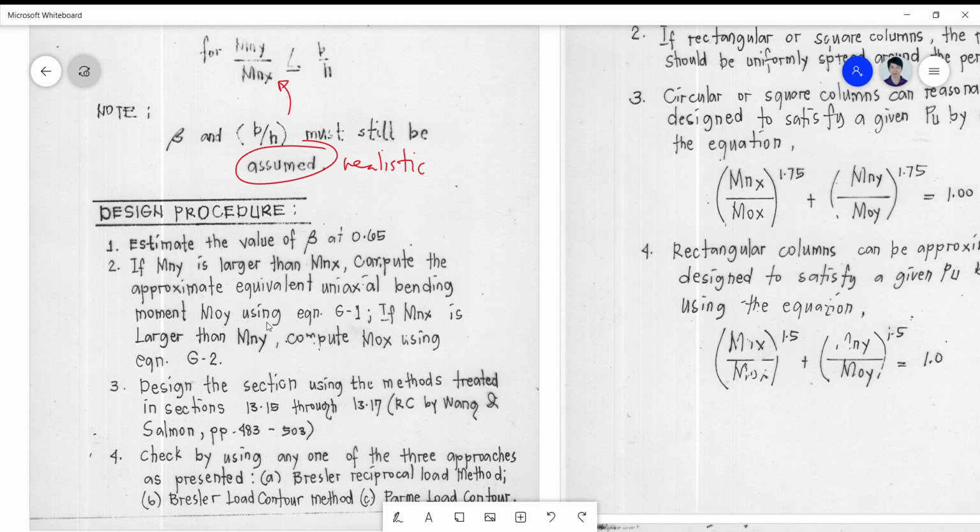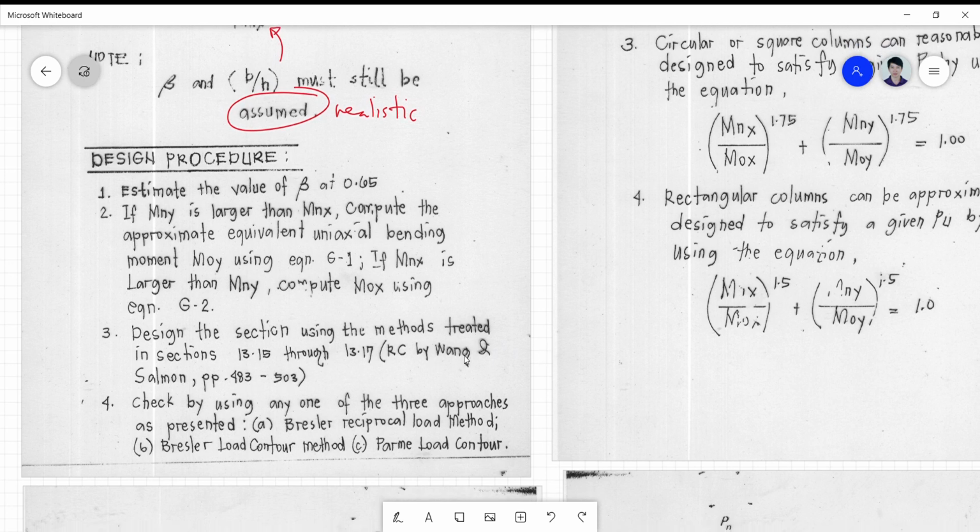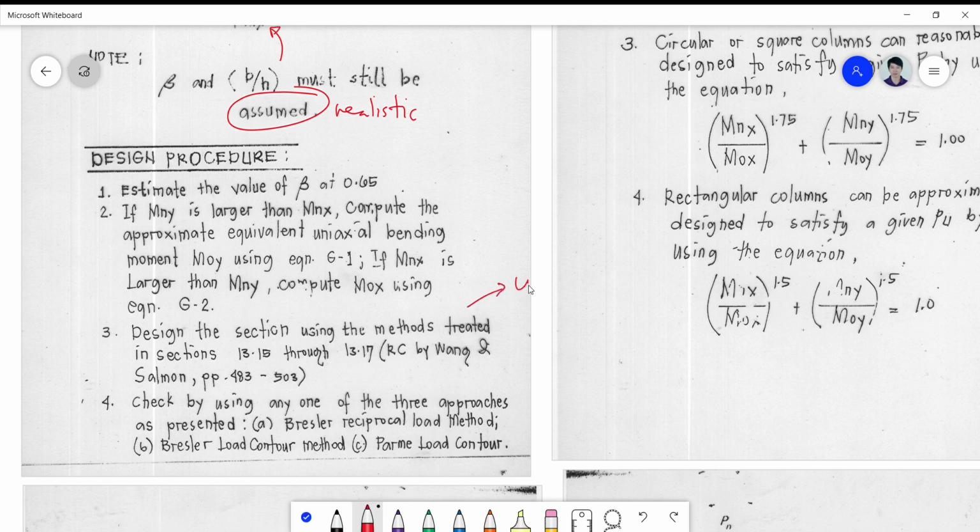So, design the section using methods treated in section 13.15. You go through your Wang and Salmon for the design method, because I did not discuss this, as I assume you know how to design sections for the uniaxial bending case. Okay, so these are for the uniaxial bending case.